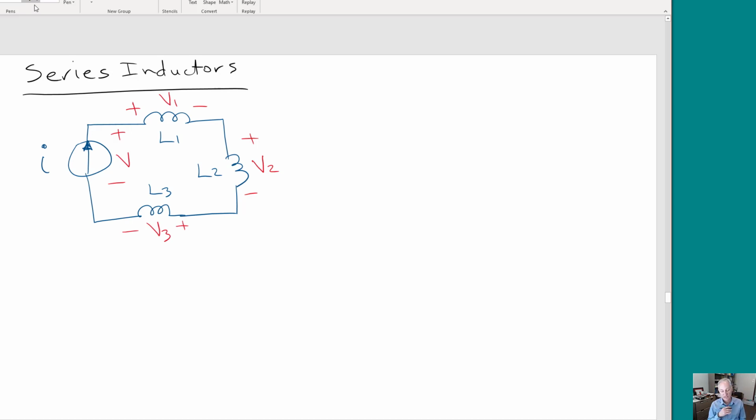If we consider a circuit with a current source and 3 series inductors of different values, L1, L2, and L3, we can say that there is some voltage across the source, and then each inductor has their own V1, V2, and V3.